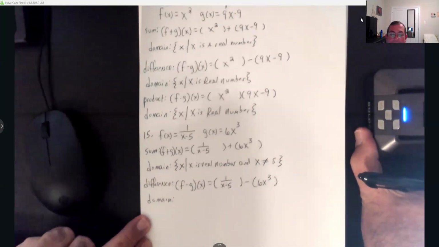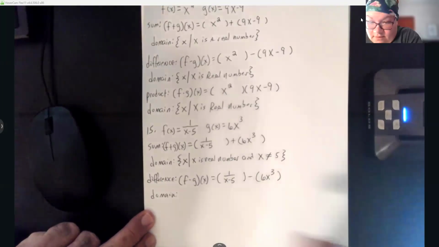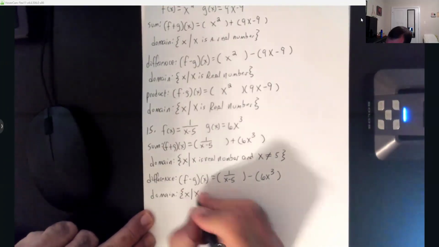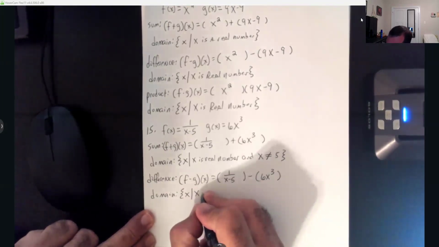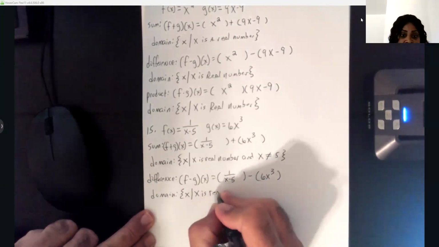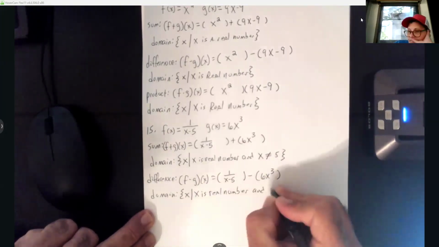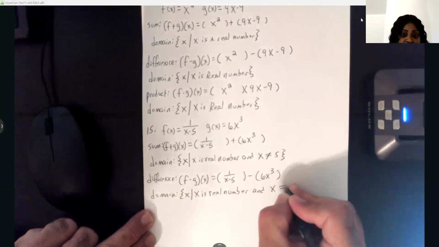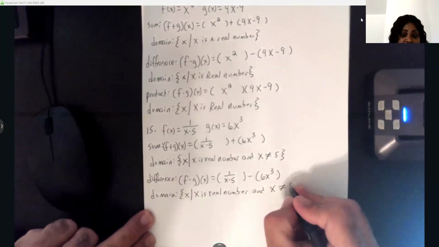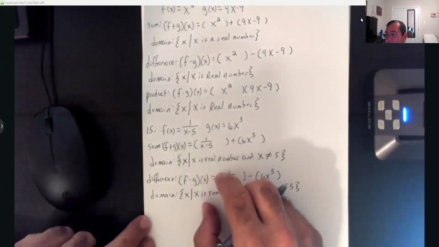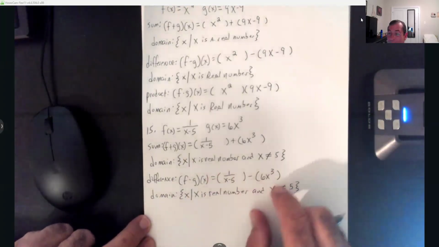And the domain is what? x is real, and x cannot equal 5. You're noticing these ones are also going to be all the same, don't they?